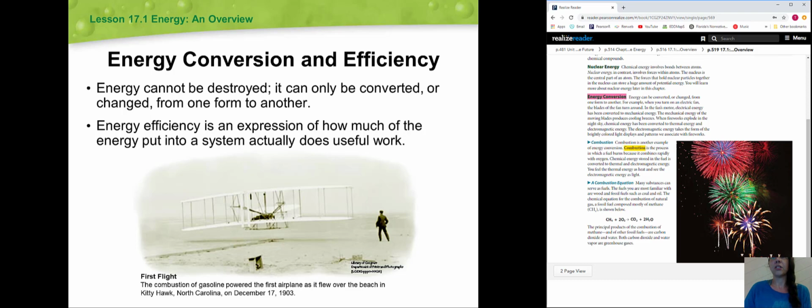So methane plus oxygen equals carbon dioxide plus water. The principal products of combustion of methane and of other fossil fuels are carbon dioxide and water. Both carbon dioxide and water vapor are greenhouse gases, if you remember.